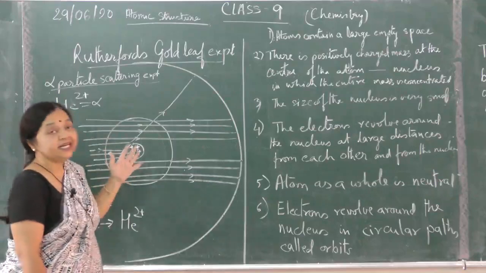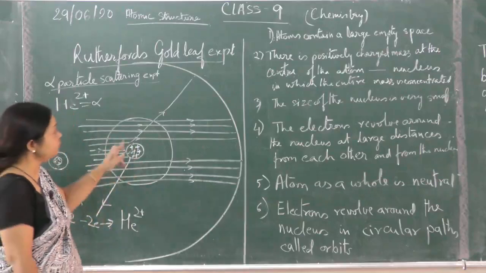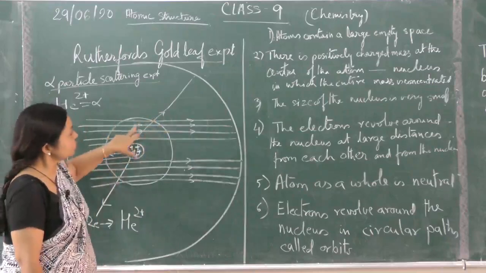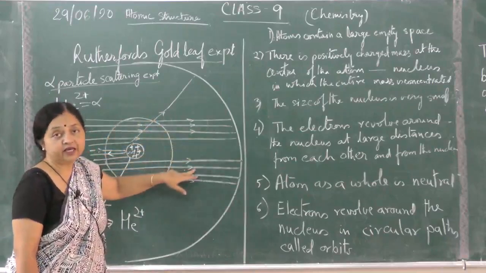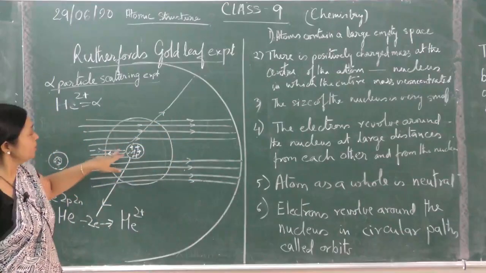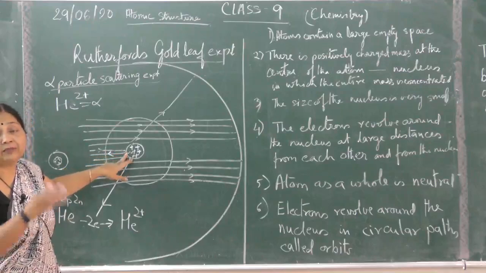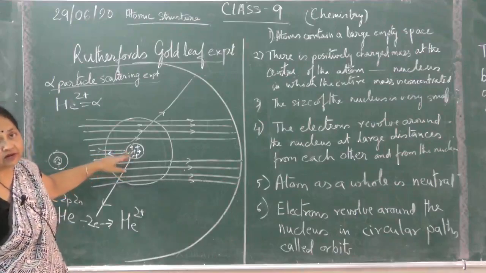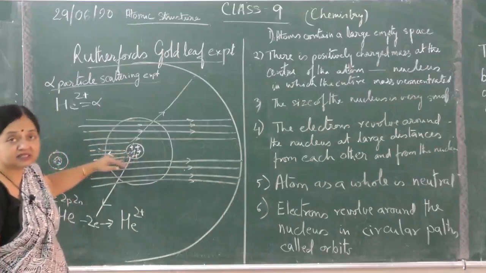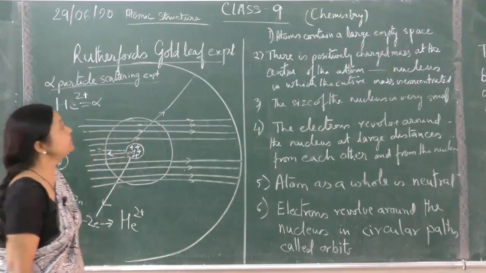So what did he conclude on this basis? Just a few particles were deflected, most of them went without any deviation, and 1 or 2 made a U-turn and boomeranged back in the same direction. It came this way, made a 180-degree turn, went back the same way.